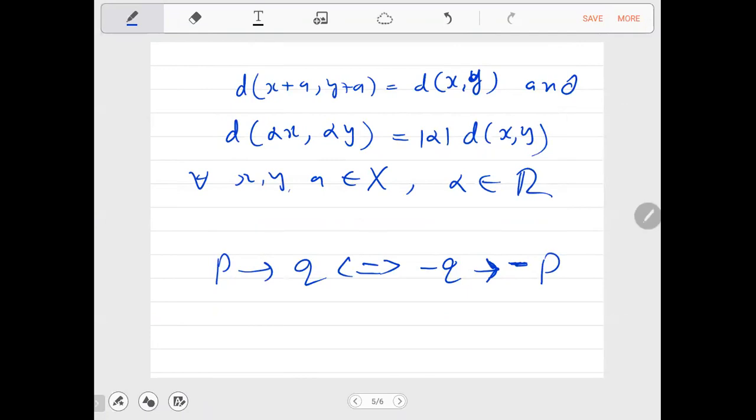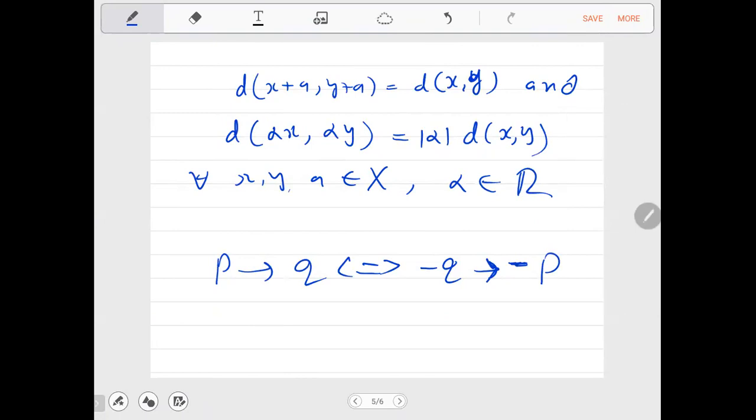A metric space is a non-empty set with a structure. That structure tells us how to find the distance between two elements.